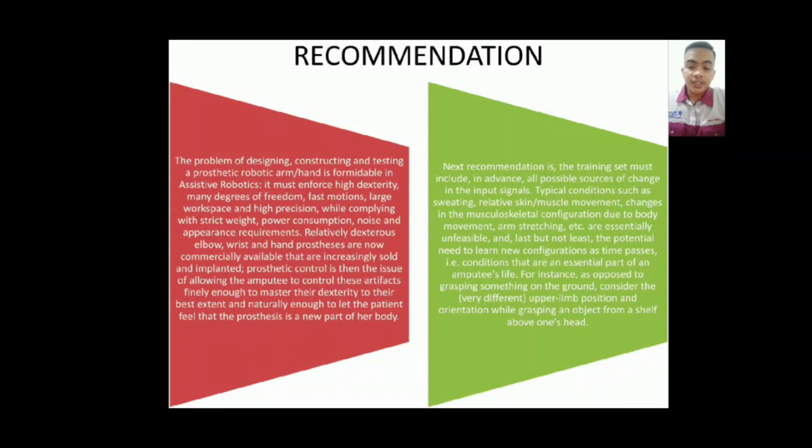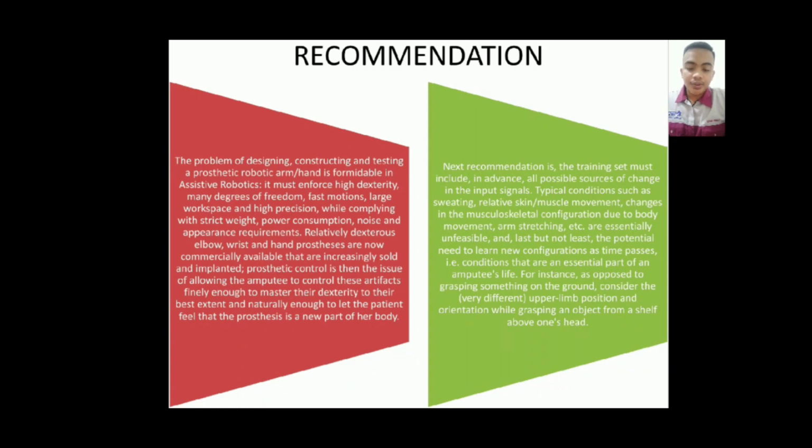For the recommendation, the problem of designing, constructing and testing a prosthetic robotic arm and hand is formidable in assistive robotics. It must enforce high dexterity, many degrees of freedom, fast motion, large workspace and high precision, while complying with strict weight, power consumption, noise and appearance requirements.